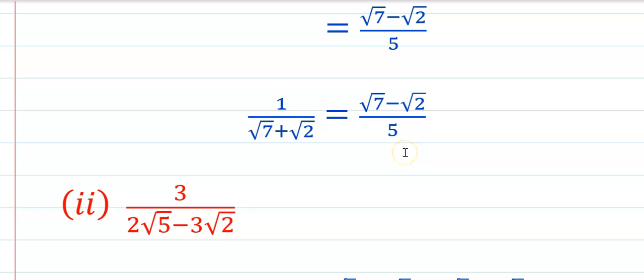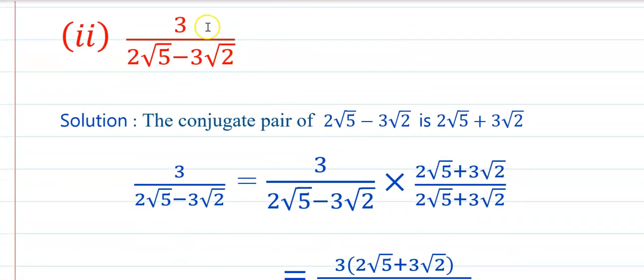And in this way. Now for the next expression, 3 upon 2 root 5 minus 3 root 2. Again, what will be its conjugate pair? It is minus, so it will be plus. Therefore, the conjugate pair of 2 root 5 minus 3 root 2 is 2 root 5 plus 3 root 2.